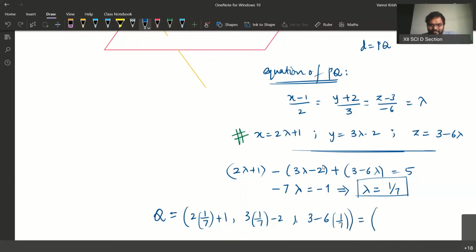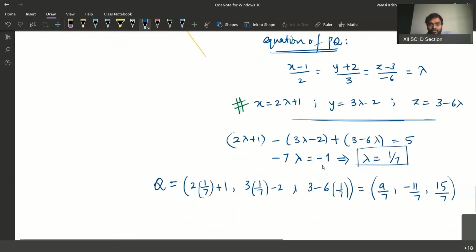So the coordinates will be 9 upon 7 and minus 11 upon 7. Next is 15 by 7. That's it, students. You got P and Q.